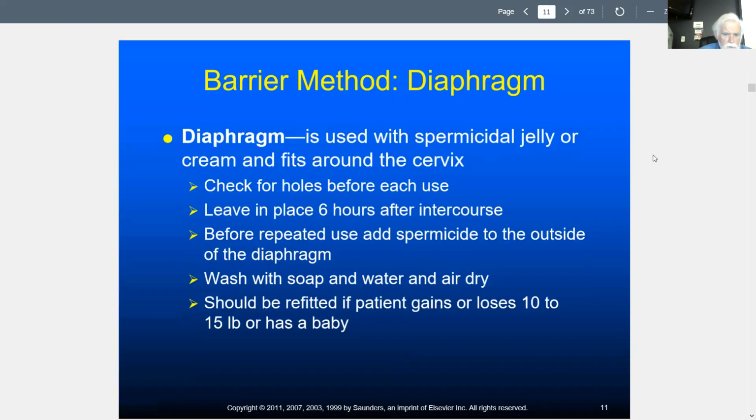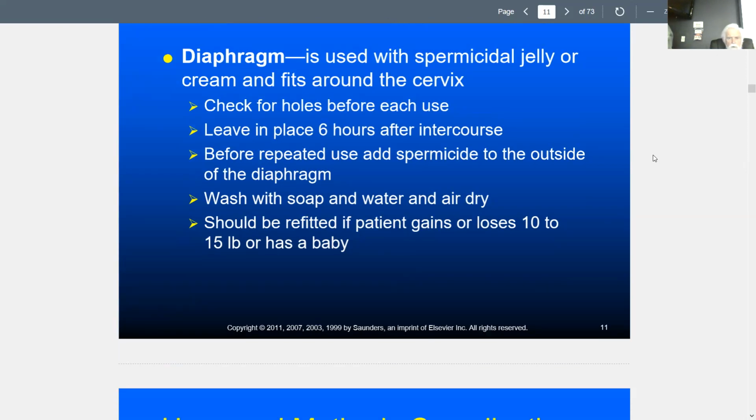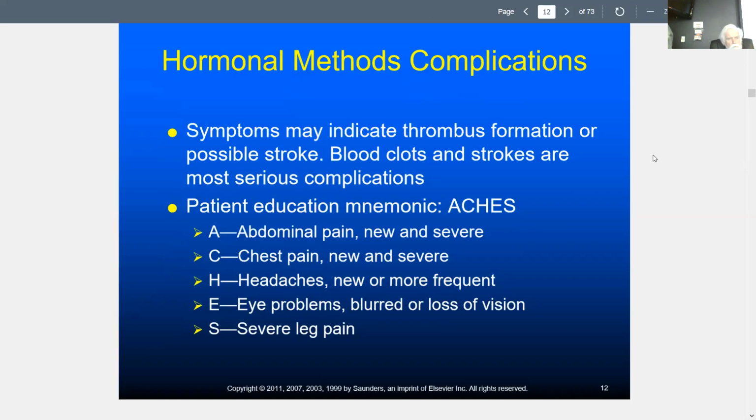So there are various other things. There are diaphragms, and there are all sorts of restrictions or suggestions as to how to make good use of them. We've got hormonal methods. The problem with hormonal methods of birth control is that there are some serious potential downsides.